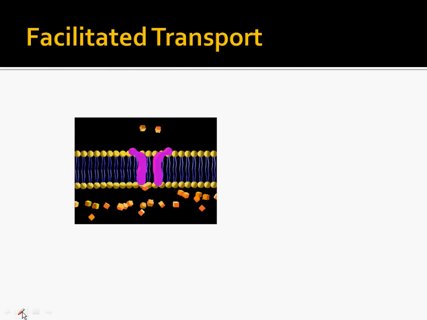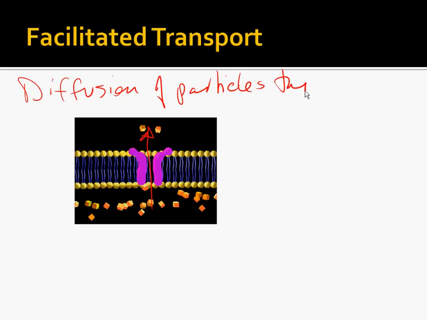The second type of passive transport is facilitated diffusion, which is diffusion of particles through a protein channel.